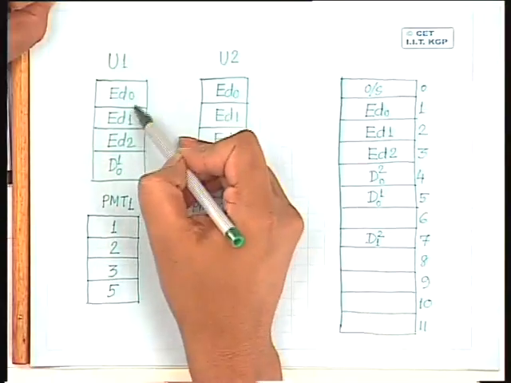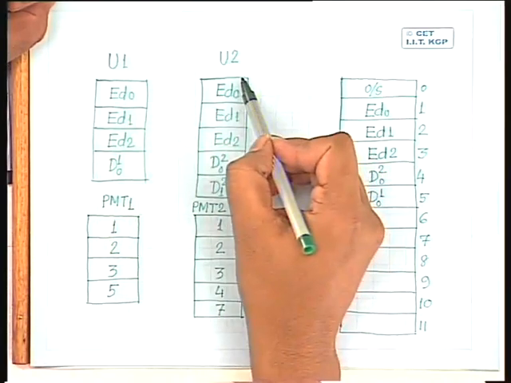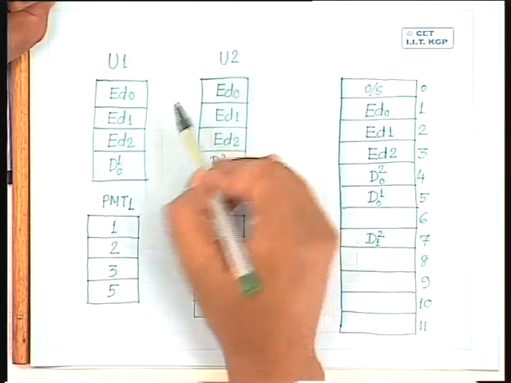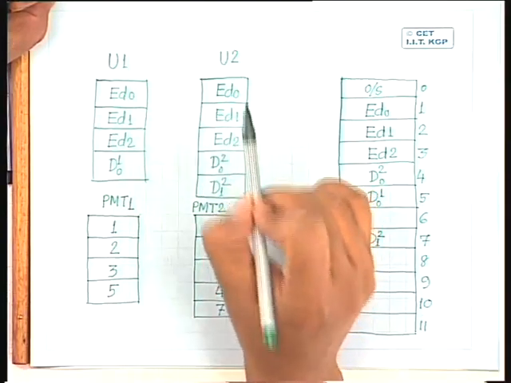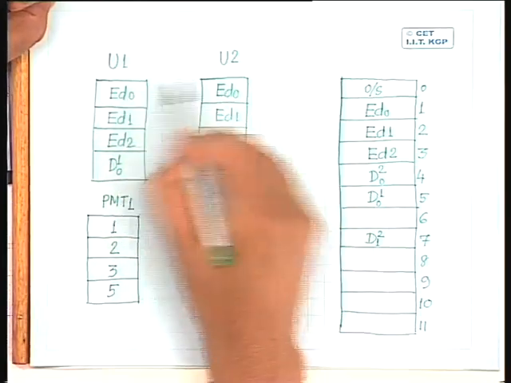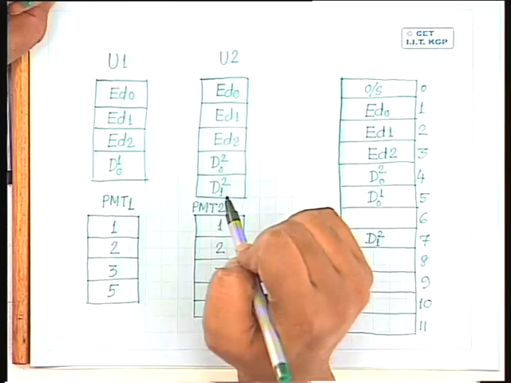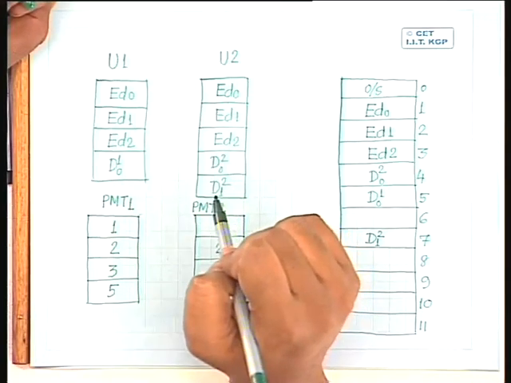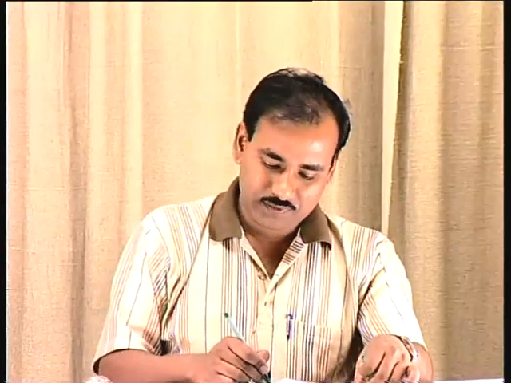Okay, because if during execution user program 1 modifies a part of the code, and the same code is being shared by user program 2, user program 2 will get the modified code. But maybe user program 2 does not want the modified code, it wants the raw code. Okay, so if we allow more than 1 process to share the same code, the code should not be self-modifying, or it should be re-entrant code.